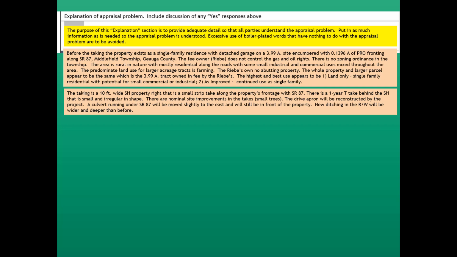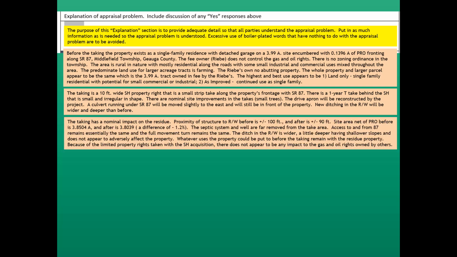There are nominal site improvements in the takes, which are small trees. The drive apron will be reconstructed by the project. Culvert running under State Route 87 will be moved slightly to the east and will still be in front of the property. The new ditching in the right-of-way will be wider and deeper than before. The taking has a nominal impact on the residue.